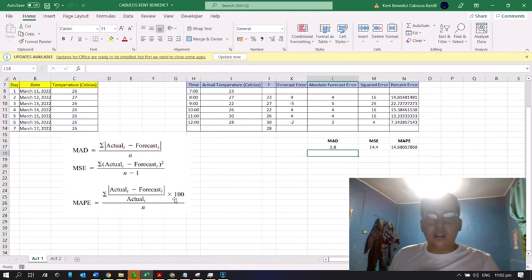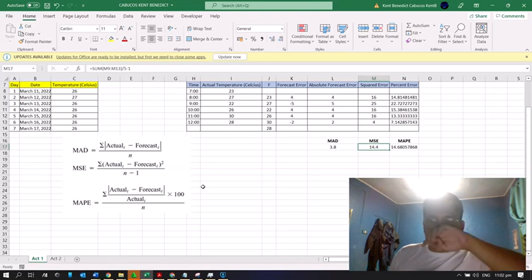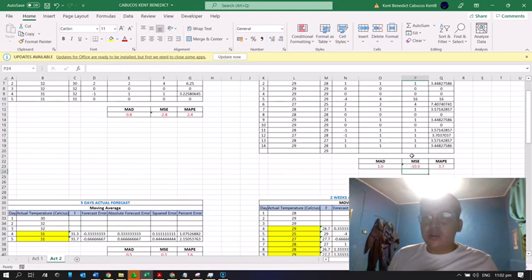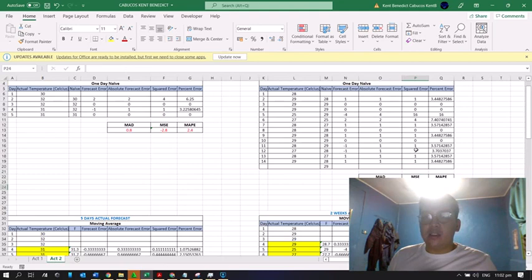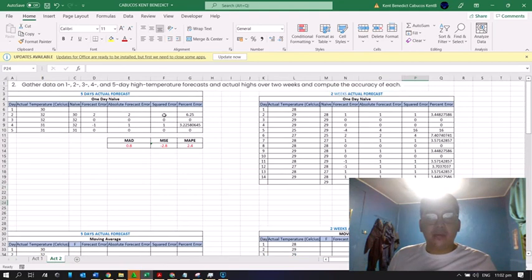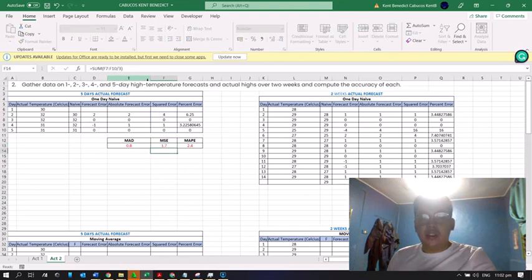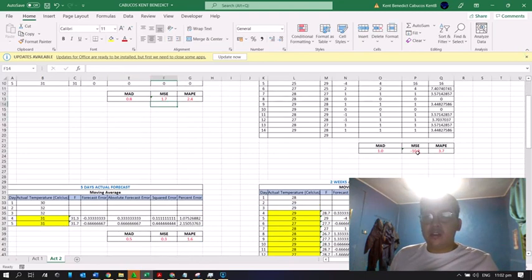Again, what is that? 6 minus 1. Okay, so we get a negative 10.9 squared error. How about 13?